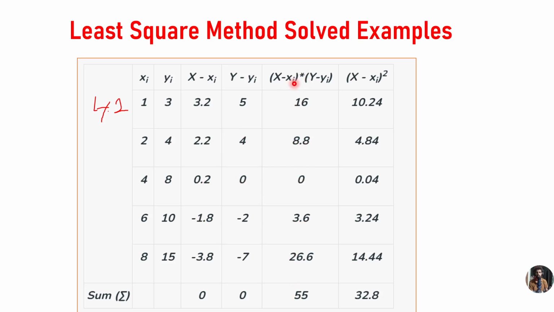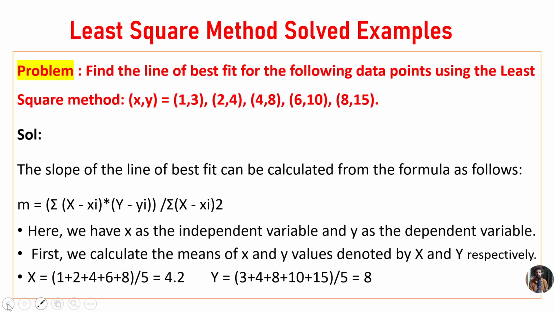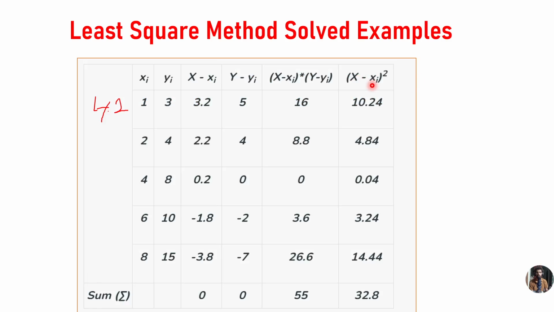So this is called x minus xi into y minus yi. Next, x minus xi whole square. 3.2 squared is 10.24, 2.2 squared is 4.84, 0.2 squared is 0.04, minus 1.8 squared is 3.24, minus 3.8 squared is 14.44. The summation is 32.8.